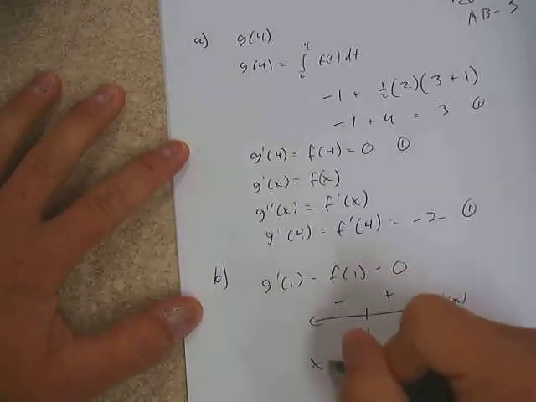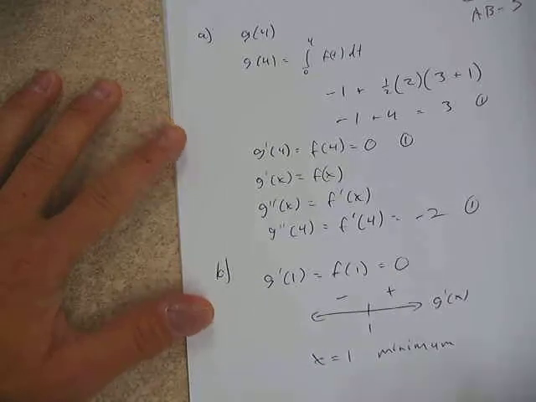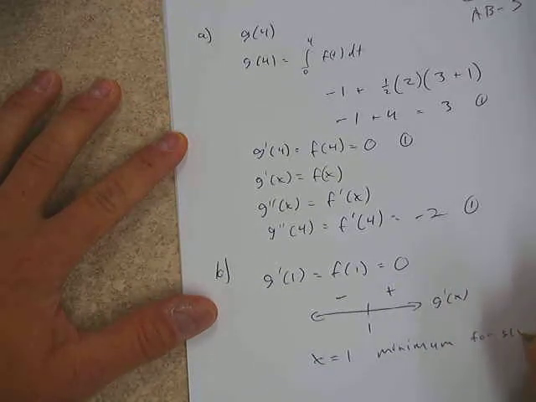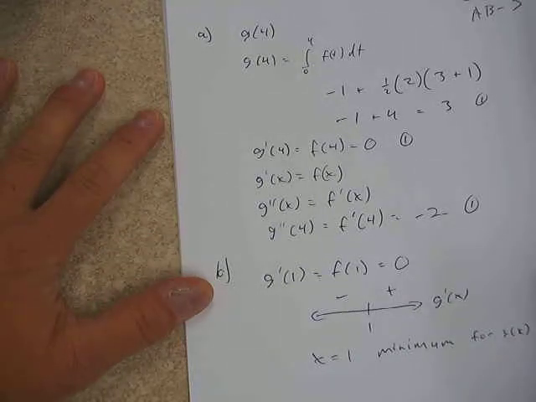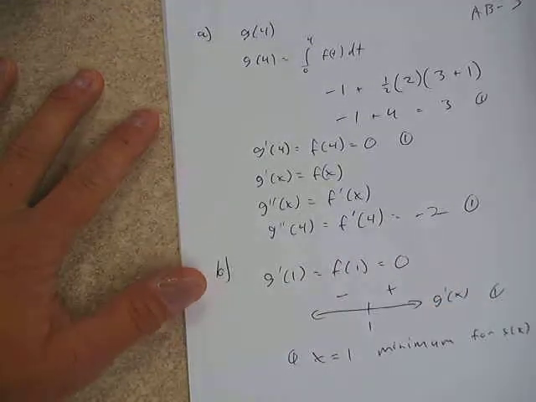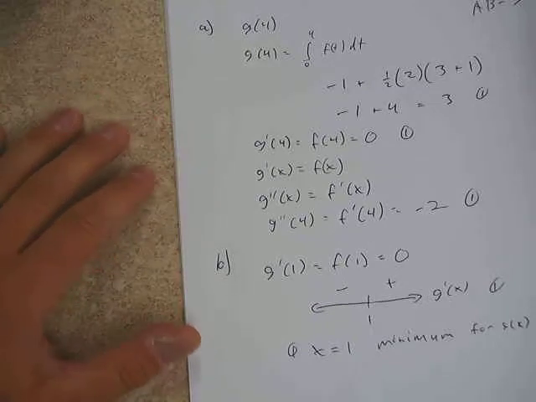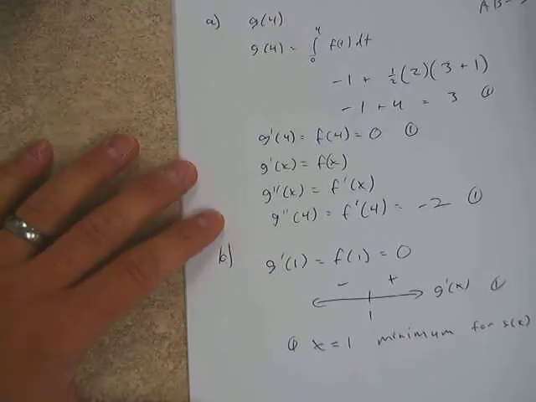So therefore, that makes x equals 1 a minimum for g of x. And 2 points for that: 1 for the answer, which is a minimum, and 1 for the reason. So your work and your answer are worth 2 total.